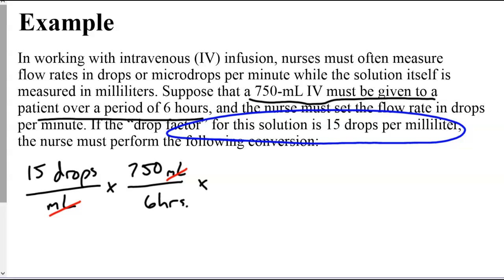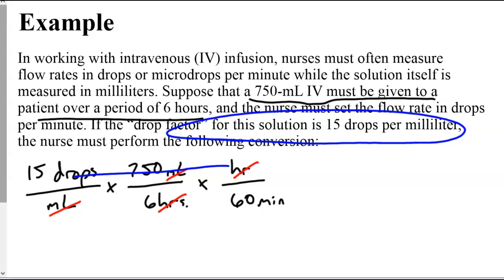And so let's see, we can convert then. We know that in 1 hour there's 60 minutes. So now we can cancel the hours out, and we've got drops per minute as our units. That's what we're actually looking for.